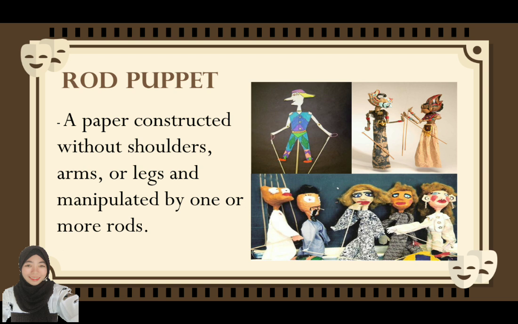It is controlled by rods attached to parts like the head or the body, allowing the puppeteer to move it and express emotions or action. This type of puppet is easy to manipulate and can be used in both simple and more complex performances.